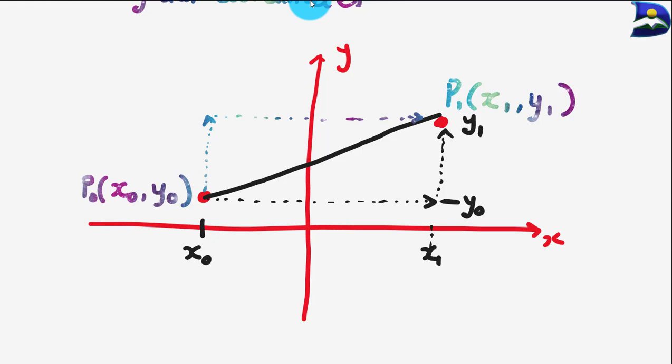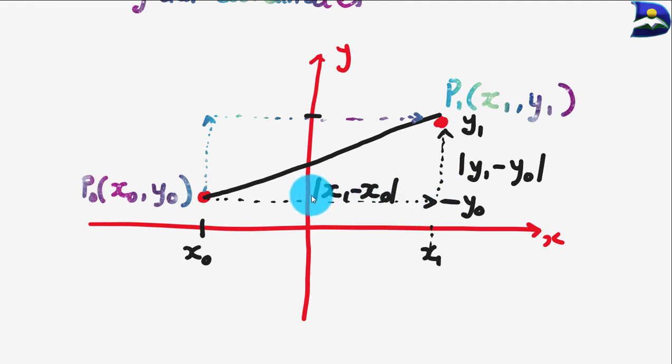So therefore, when we are determining our scale, we need to recognize that this from here to here is equal to the absolute value of x1 minus x naught, and for the y it is equal to the absolute value of y1 minus y naught.